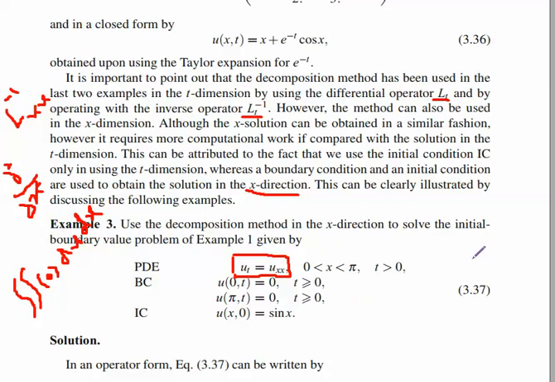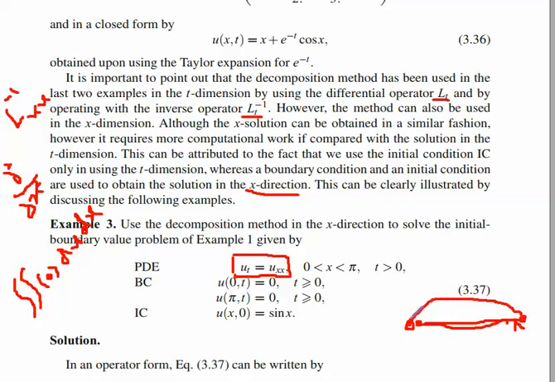When x is equal to pi, if for example this is a horizontal line, then when x is 0 this is one extreme, and when x is pi this is the other extreme for x. Between these values we have two boundary conditions: u(0,t) equal to 0, and u(pi,t) with exactly this boundary condition.